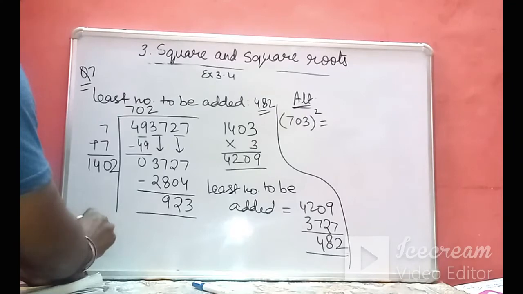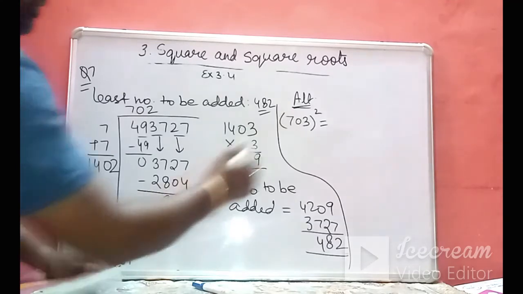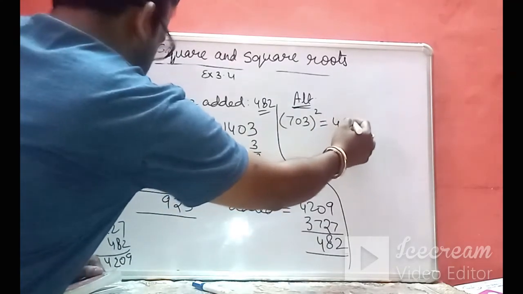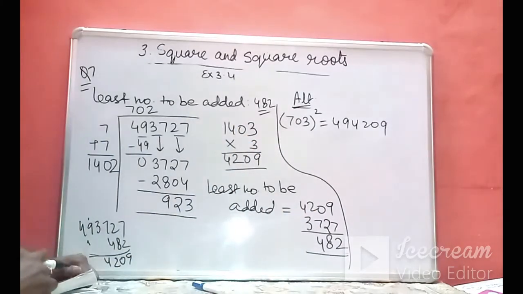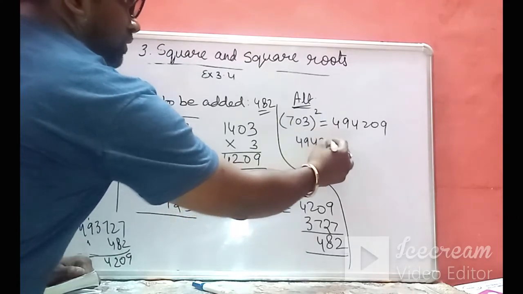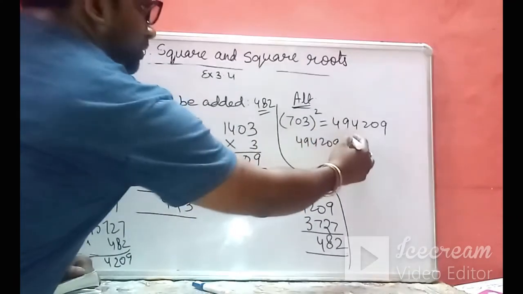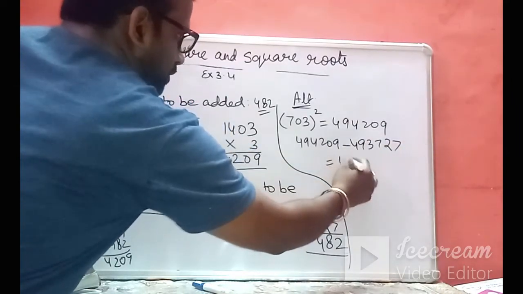The square of 703 will be 494209. This will be the square of 703. Then we will subtract this 494209 from this number, that is 493727. So I will get 482.